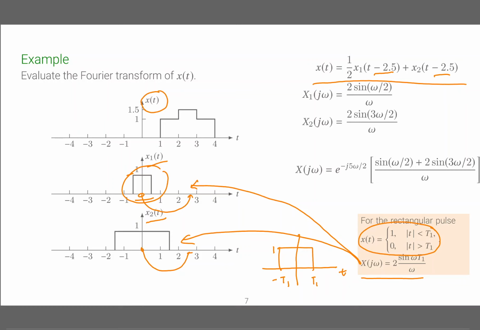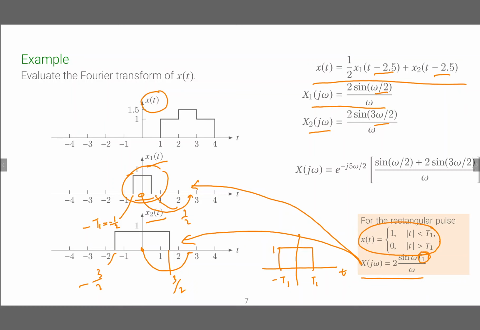It turns out that X1(j omega) is equal to 2 sine(omega divided by 2) over omega. X2(j omega) is 2 sine(3 omega divided by 2) over omega. Here you can see t1 in this case is half, and here it's 3 by 2. So you can see how we have obtained them by writing t1 over there.